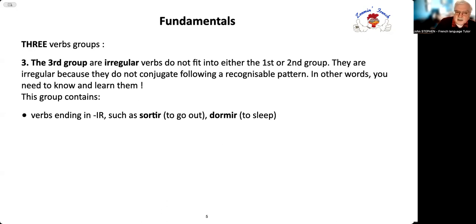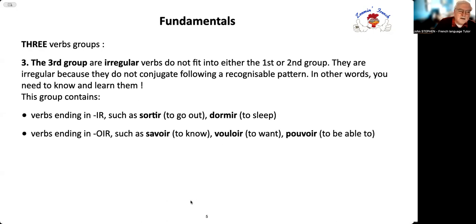You've got verbs that end in IR, such as sortir and dormir. And obviously, because they're in the third group, you already know they do not conjugate like the IR verbs that we've just had a look at, such as finir, choisir, réfléchir, etc. So these ones do not conjugate in that way. Then you've got verbs ending in OIR. So these verbs, as an example, would be savoir, vouloir, and pouvoir. And you can see what they mean there.